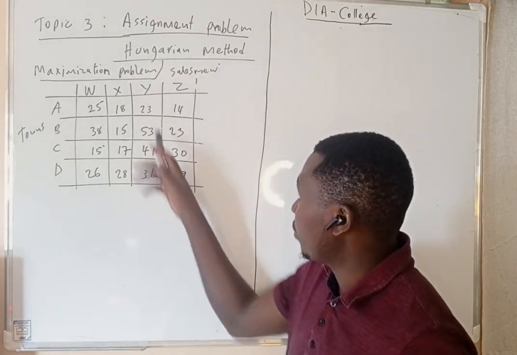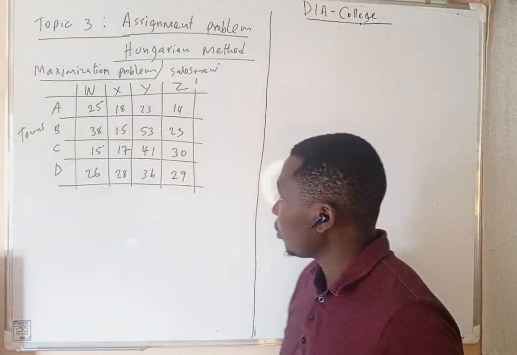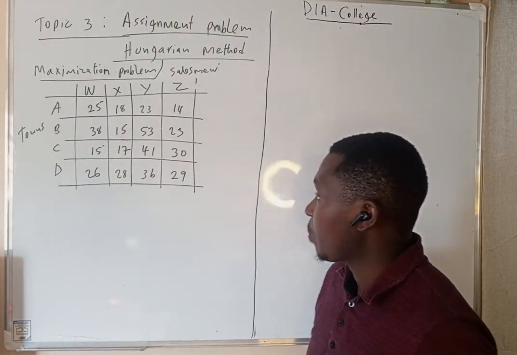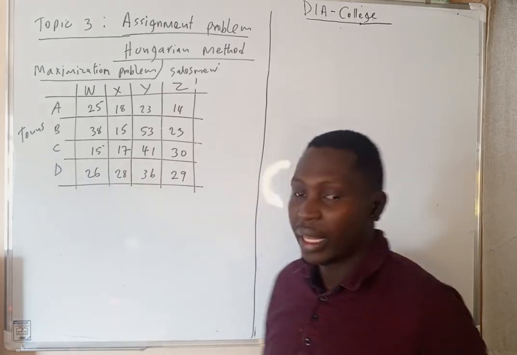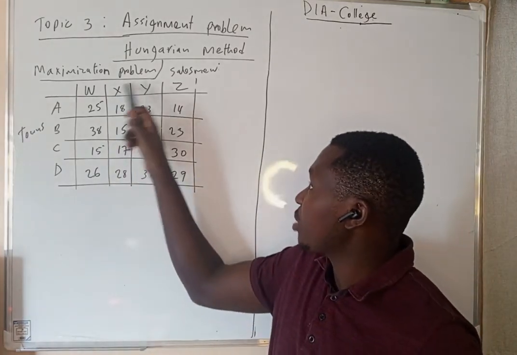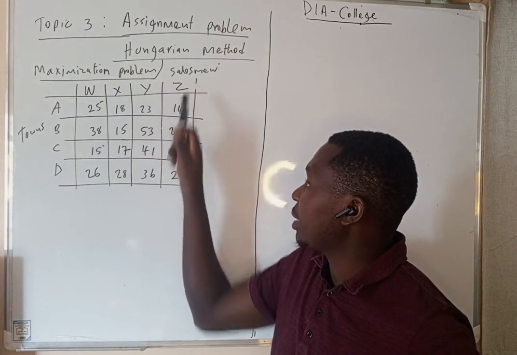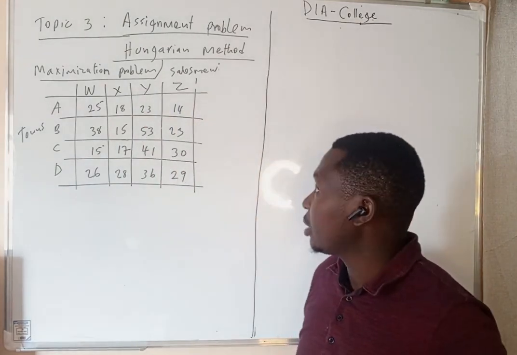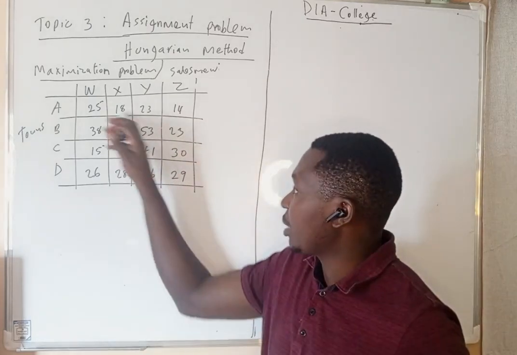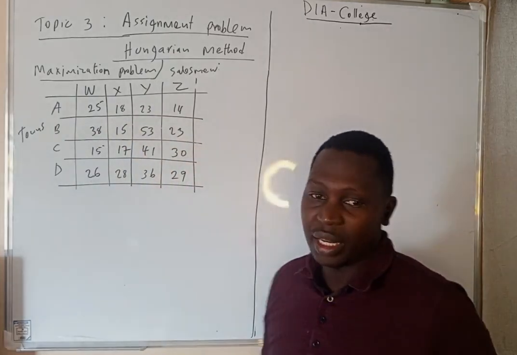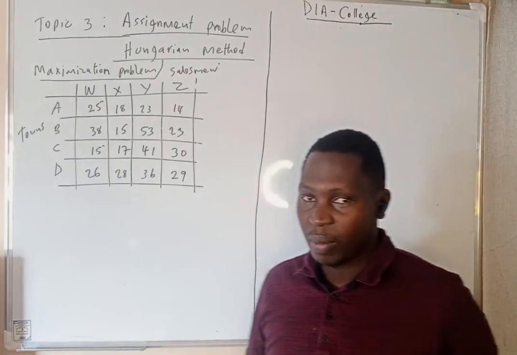In my example, we have a case where there are various towns, let's say town A, B, C, D, and then we have salesmen W, X, Y, and Z. These salesmen want to maximize the revenue. You can see these are the revenues expected to be generated by these salesmen in different towns.